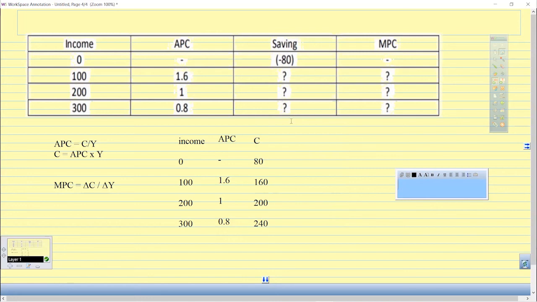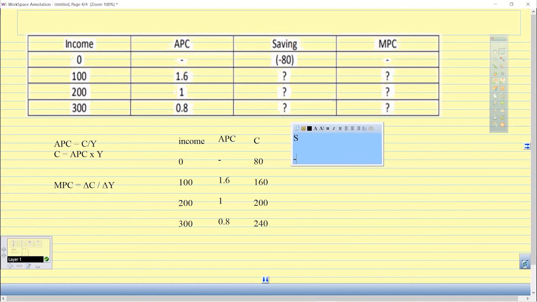Next I will make a column for saving. Saving I will write as S. It's already given, minus 80. See, income is 100 and consumption is 160. What will be saving?